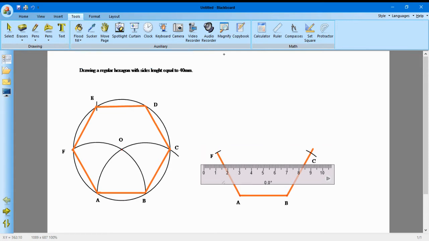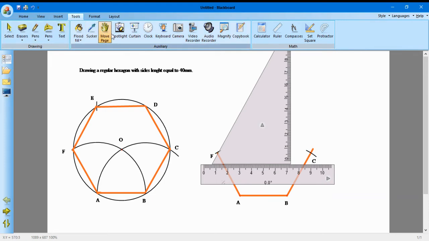Now, I will proceed with my set square, which is this one, and I will place this flush on top of my ruler, finding the point F, which is right here.